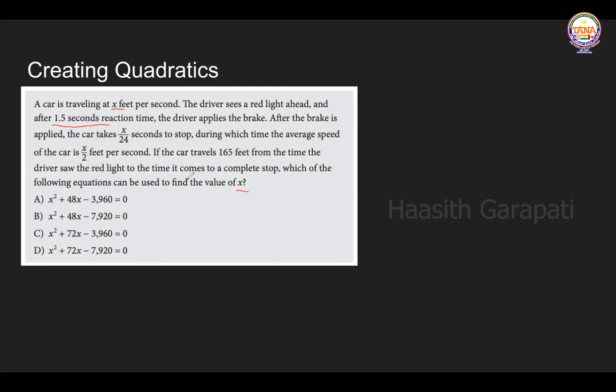Now, they're saying that the car traveled a certain amount of distance when it stopped, right? So if we relate the distance they traveled to the amount of time it took for them to stop, we can make an equation that represents x. So two parts to this.